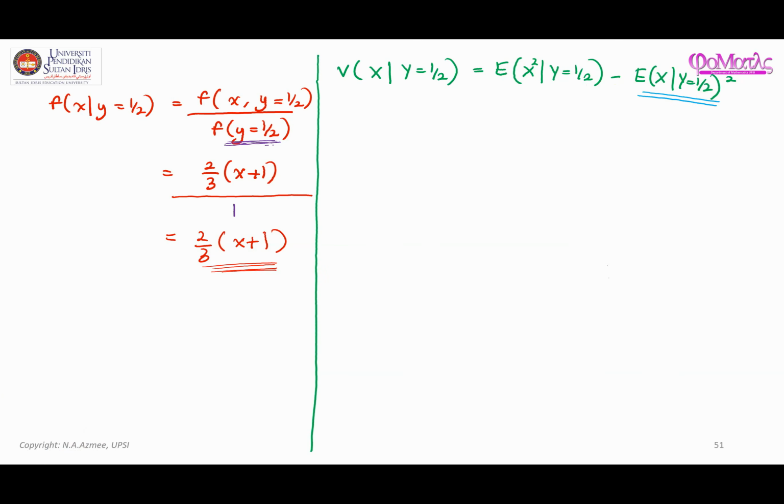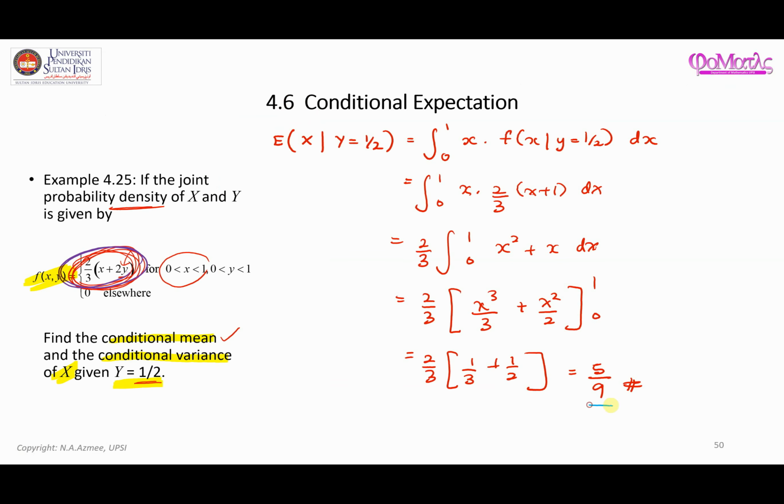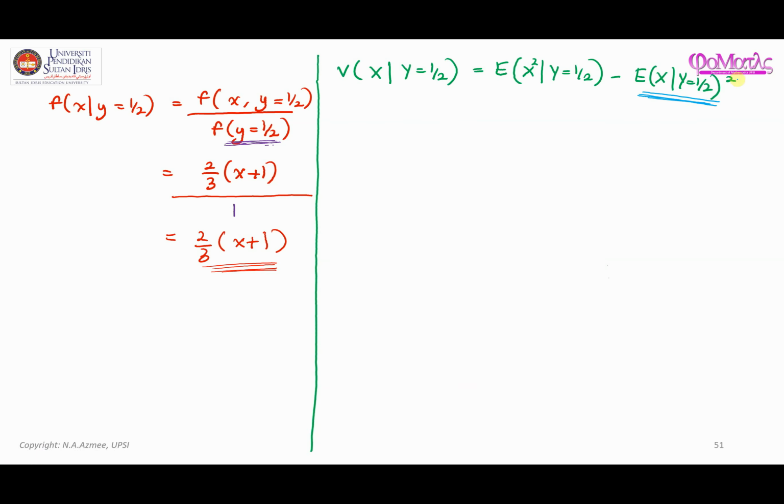We already got the value, so we just need to square it. Now we're going to focus on finding this first value.